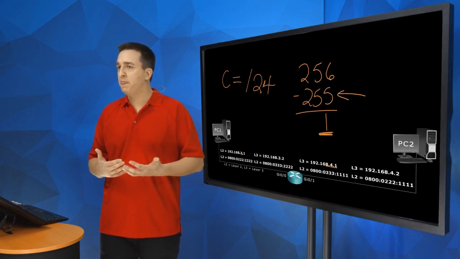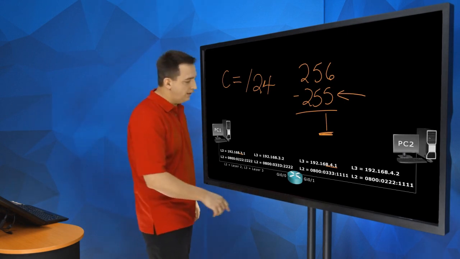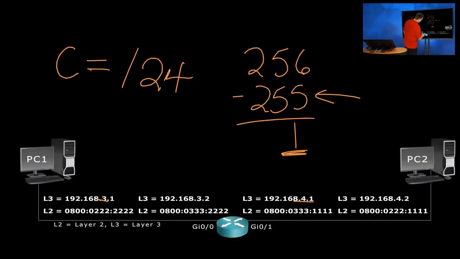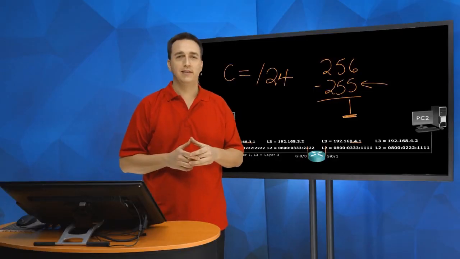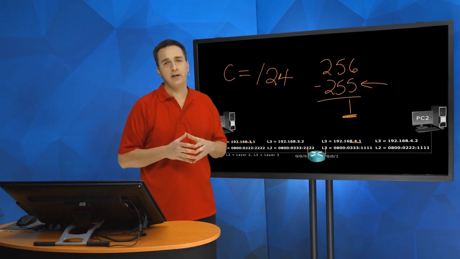But also, there's another way to identify it. And the other way to identify it is just realize that, hey, I have a router here. And this router has an interface here and an interface here. Is a router allowed to have two interfaces in the same local area network? Think about that. Can a router have two interfaces in the same local area network?